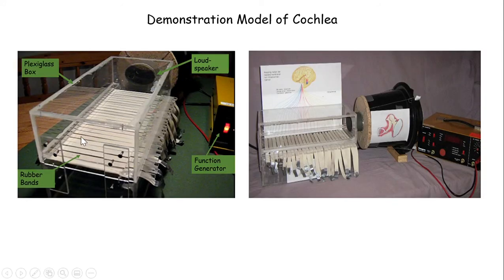Our model looks like this. So we have a plexiglass box here. You can see the size of the box here compared to this function generator, a couple of 20 or 30 centimeters in length. And this parallel spring modeling of the cochlea is constructed using rubber bands.